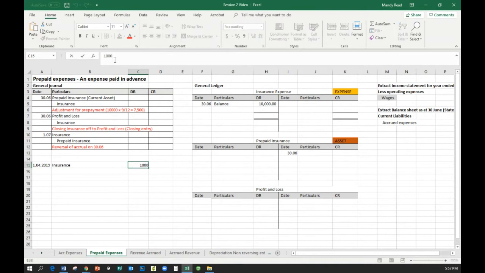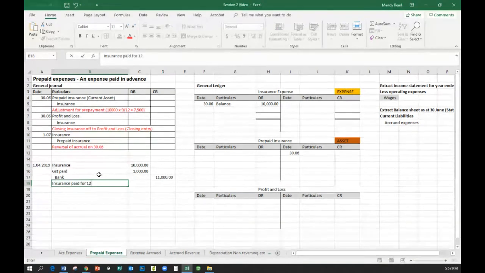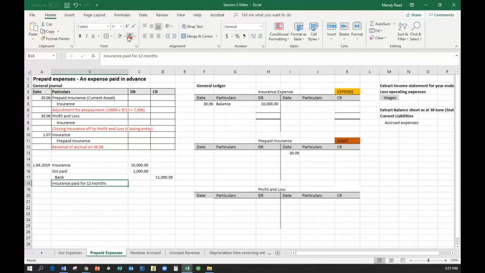That had GST paid of $1,000, and you paid the money out of the bank being $11,000. Now you would say here in your narration, insurance paid for 12 months. I'm going to put my little narration in red so you can see that.